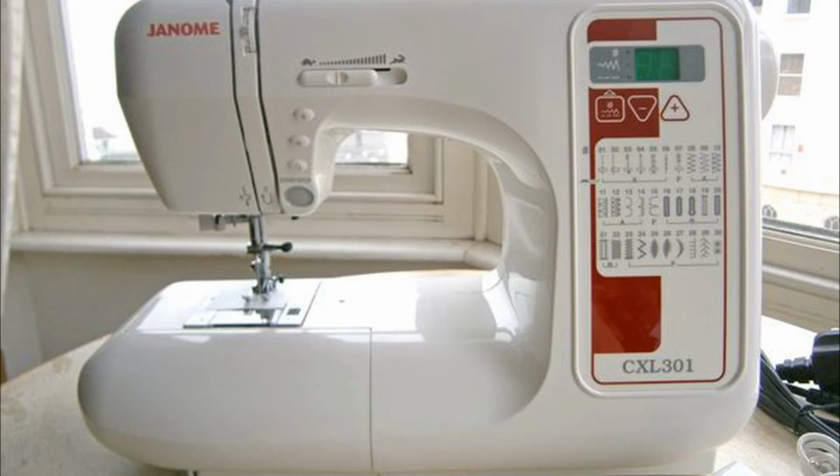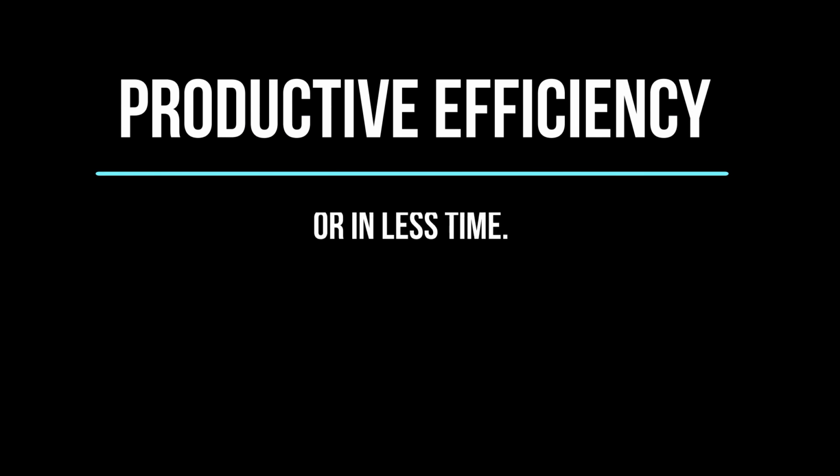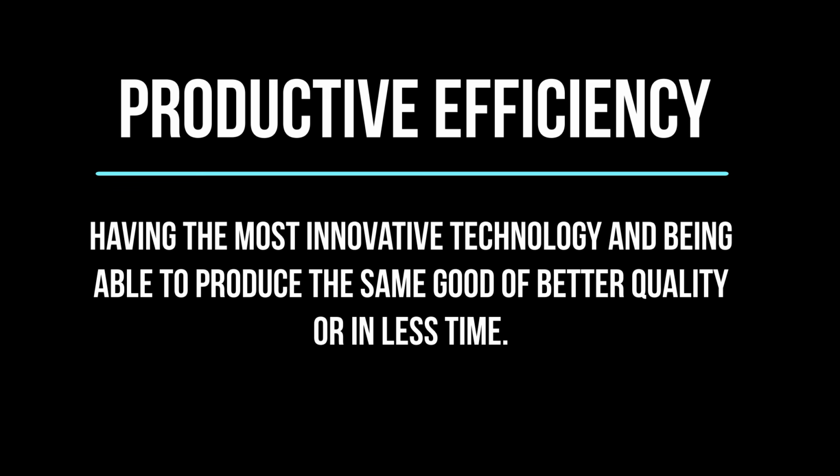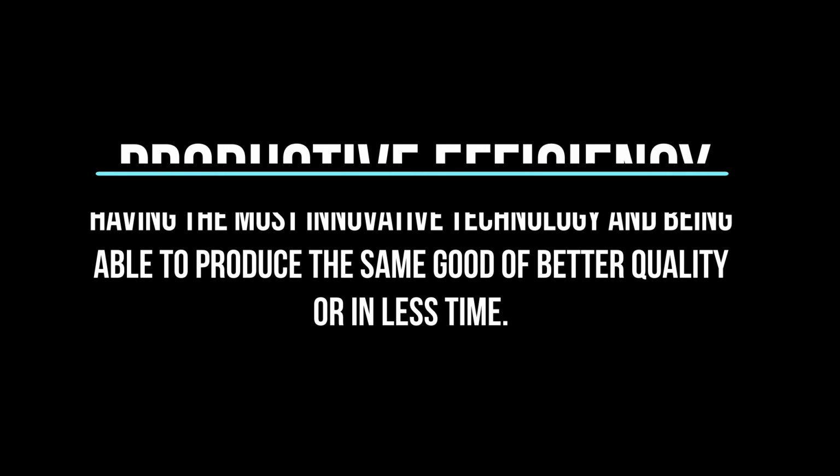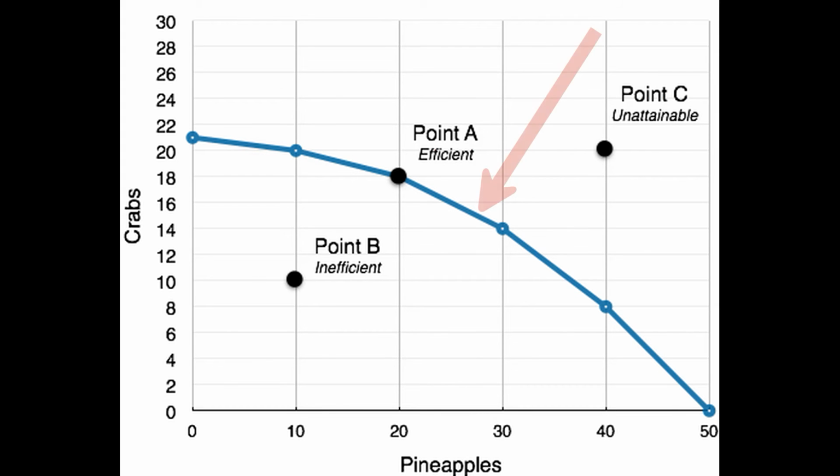An efficient business or organization will keep to a schedule, have goals that it focuses on, and it will also keep to a budget. Productive efficiency means having the most innovative technology and being able to produce the same good of a better quality or in a lesser time. On the production possibilities curve, the curved line represents productive efficiency.